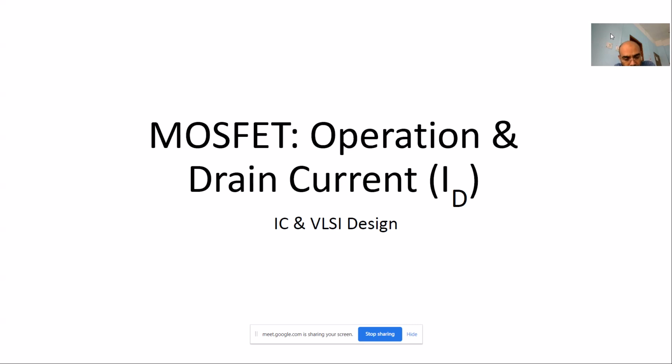We'll first understand in what regions this MOSFET operates, and then for different regions, what is the drain current equation which governs its behavior. If we are not able to complete this today, then in the next lecture. The aim is to understand the operation and the drain current equation.